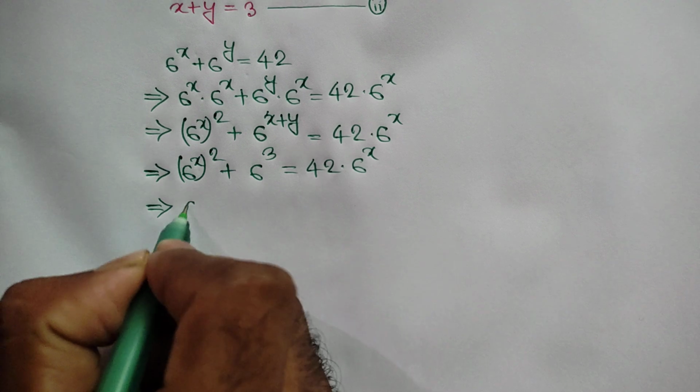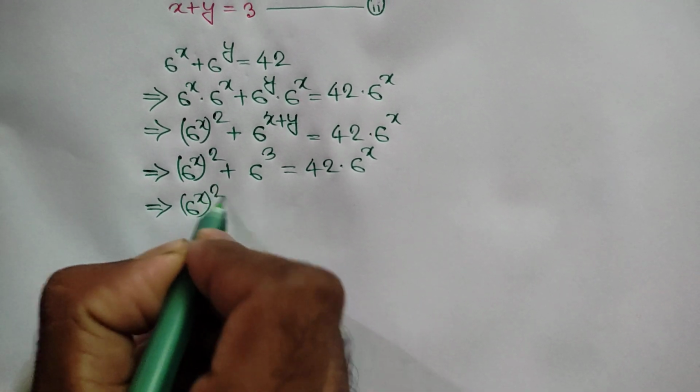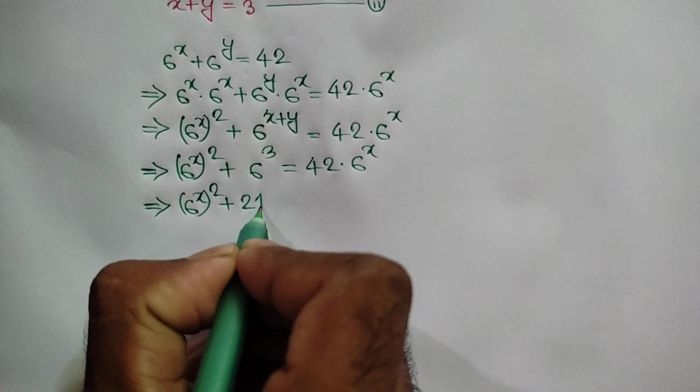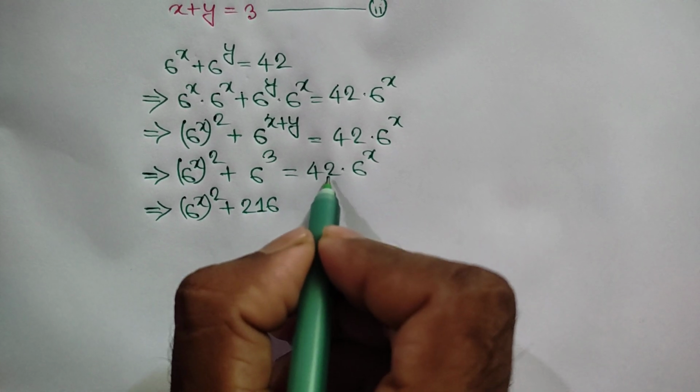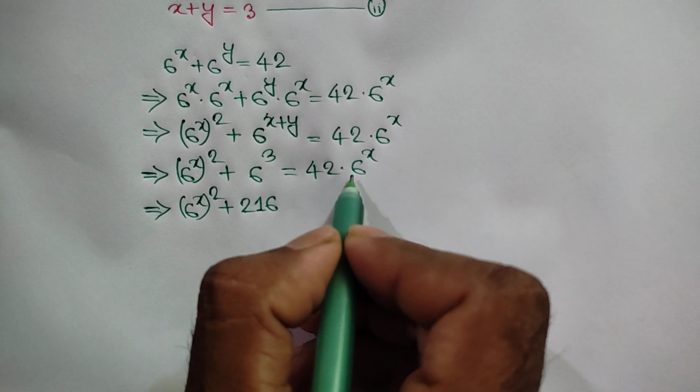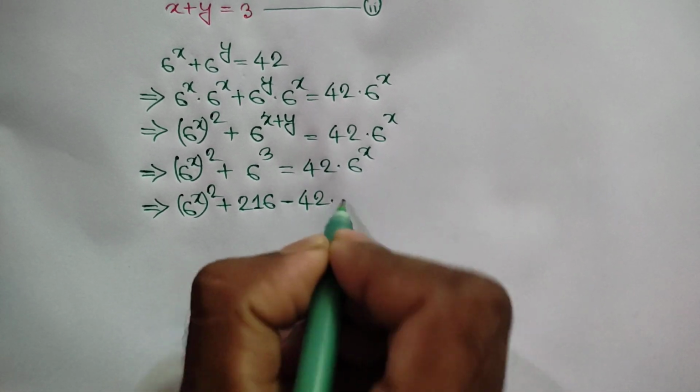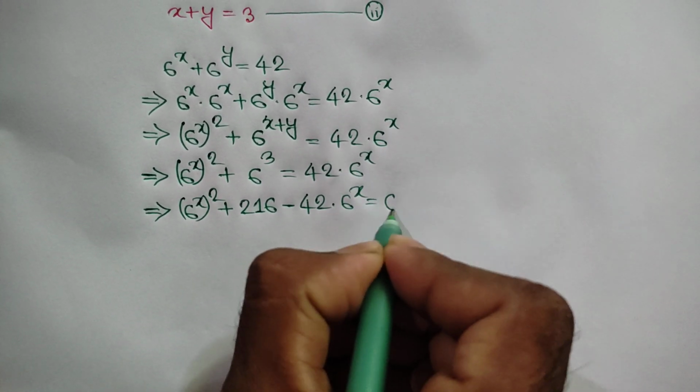Or 6 to the power x whole square plus 6 cube, that means 216, and taking 42 times 6 to the power x to the left side we will get minus 42 times 6 to the power x is equal to 0.